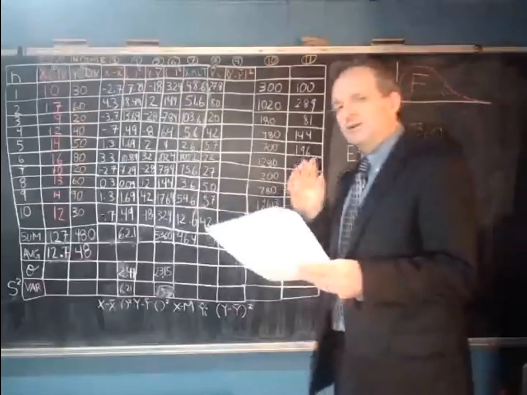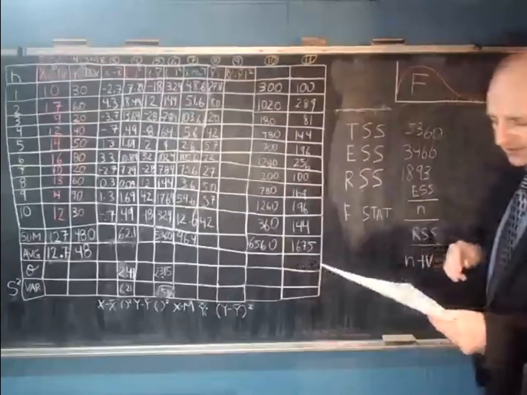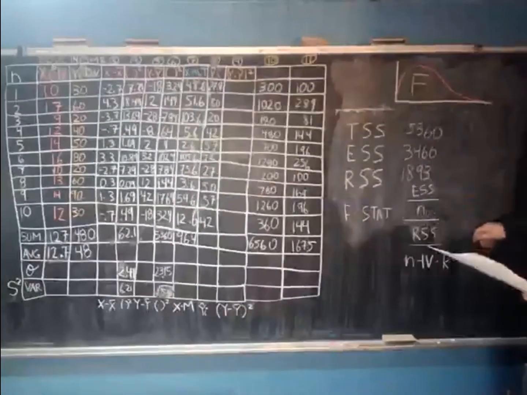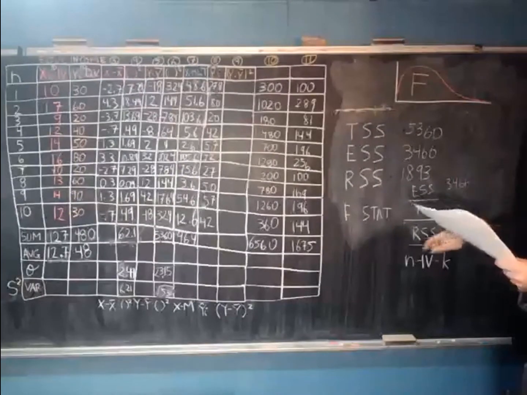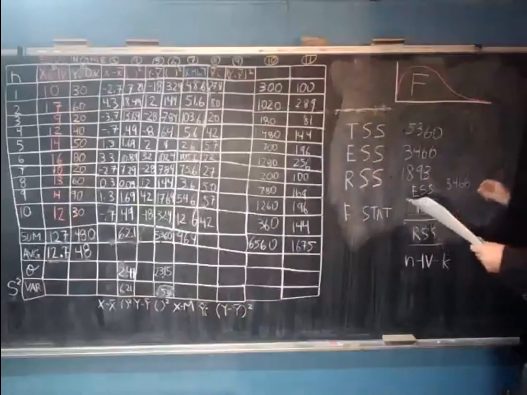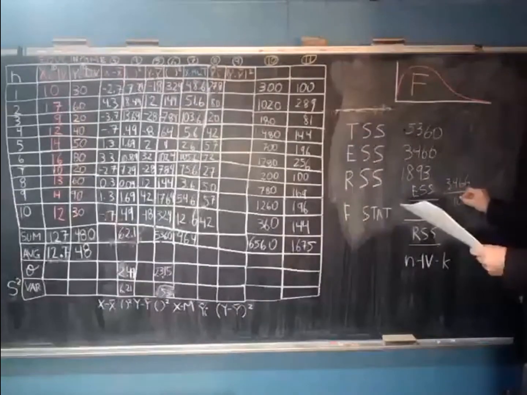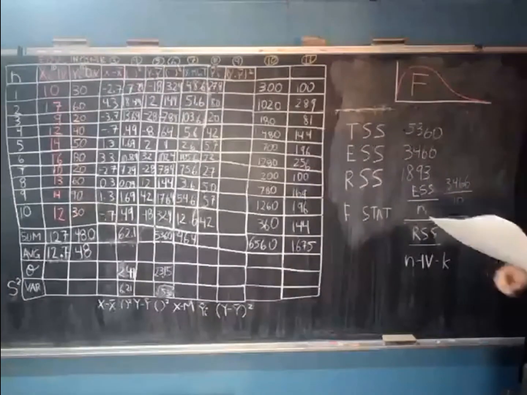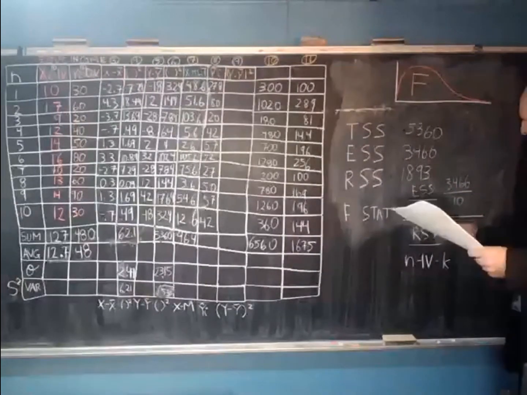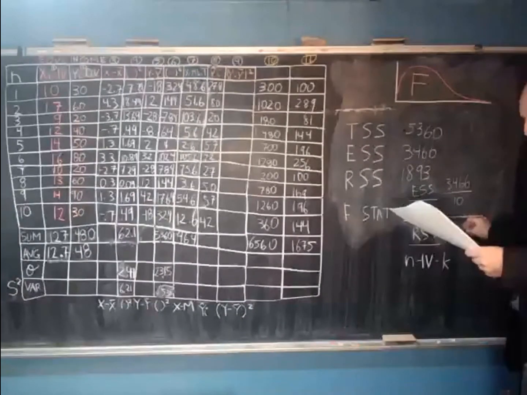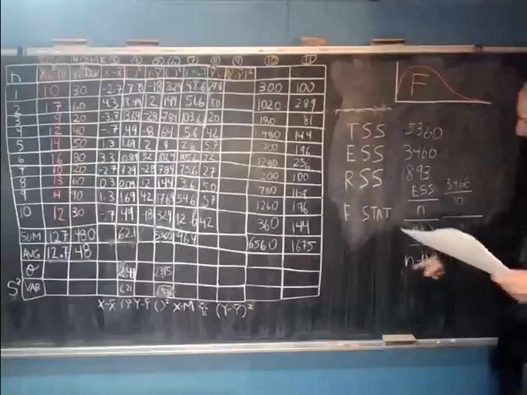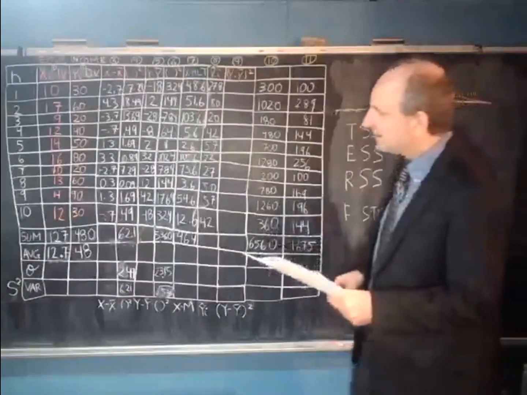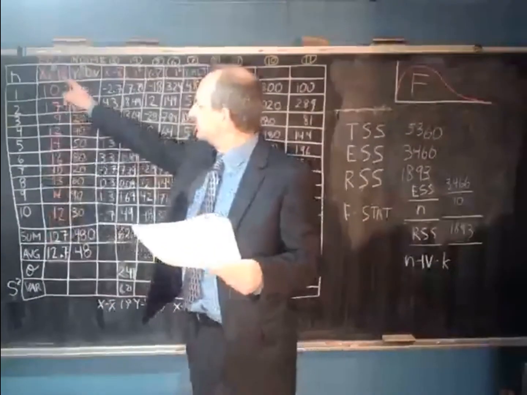So to get the value of the F statistic, it's going to be the ESS, which is 3466, divided by the total number of cases, which we know to be 10, divided by the RSS, which we've calculated at 1893, divided by the total number of cases, which is 10, minus the number of independent variables, which we know to be 1.